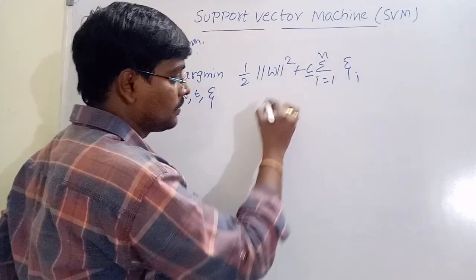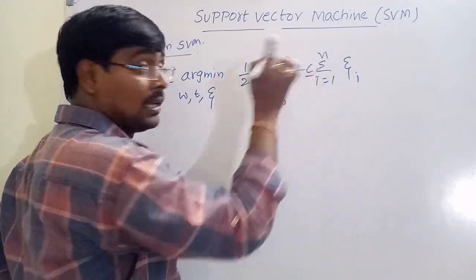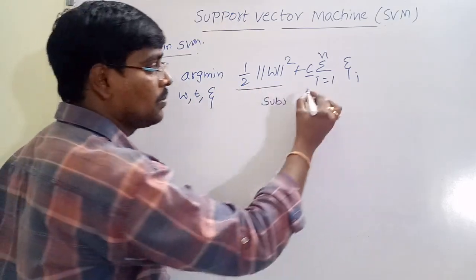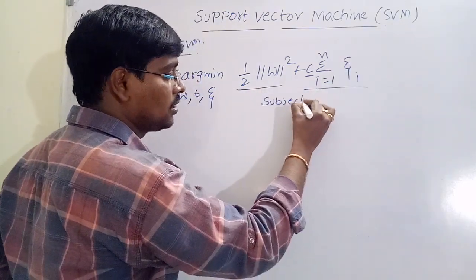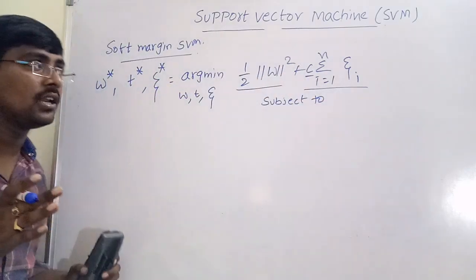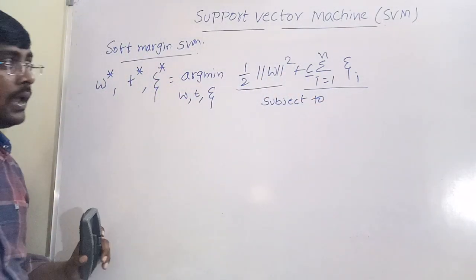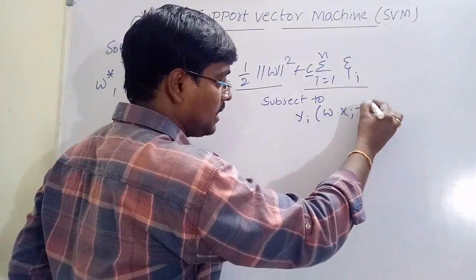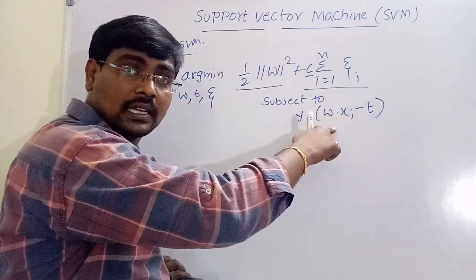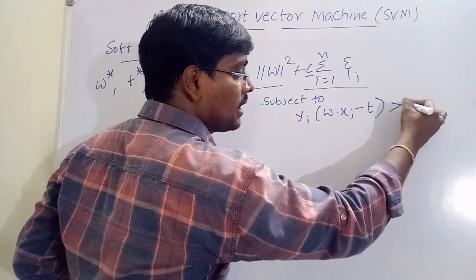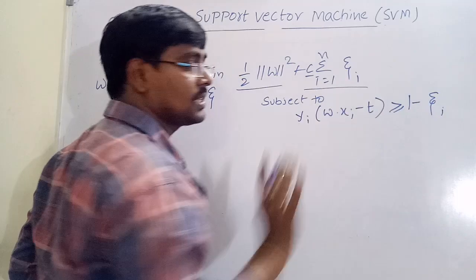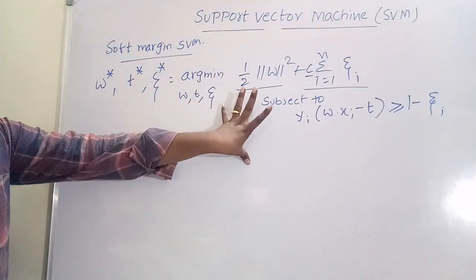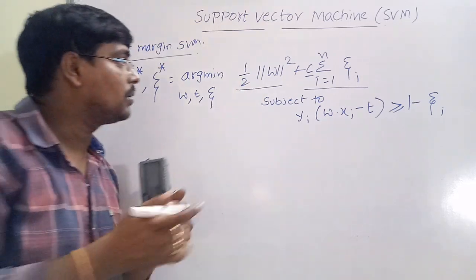In the linearly separable case we have only the earlier formula. In the non-separable case we add this: subject to the same, 1 less than or equal to i less than or equal to n, yi into (w xi minus t). In the previous one it is greater than or equal to 1. Now it is greater than or equal to 1 minus slack variable. This is the soft margin optimization problem.